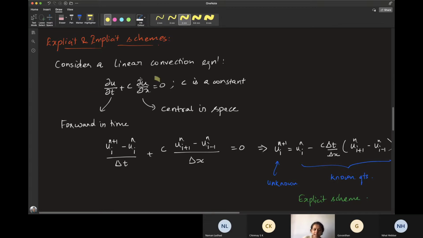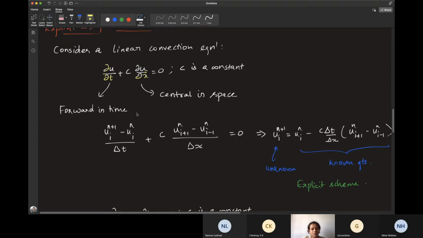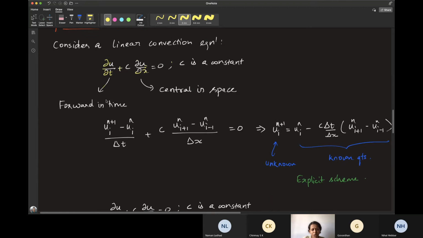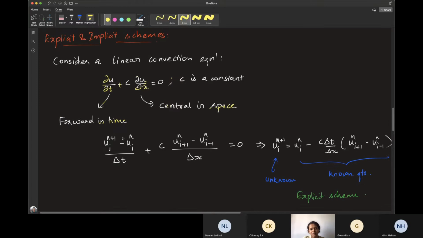So now let's take a simple linear convection equation, which has a temporal derivative term and a spatial derivative term with c as the wave speed, that is a constant wave speed. So now let's do forward in time for this and central in space for this. So forward in time, in the sense we are writing the whole equation from the point of view of, let's say, ui n, that is from the point xi and at time tn.